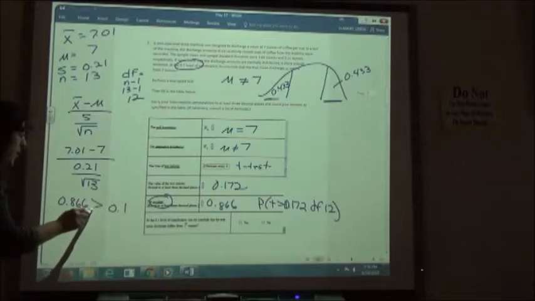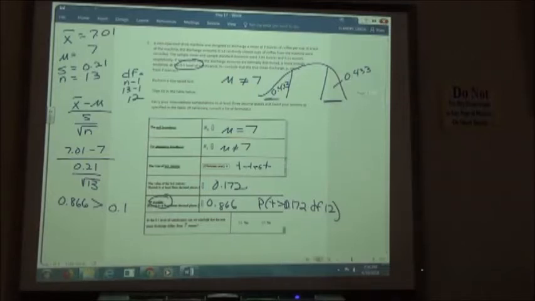It is greater. Now from the first problem, do you remember, if it was greater, do we accept the null or do we reject the null? Check your problem number 1.